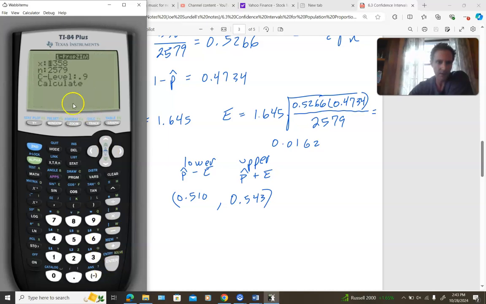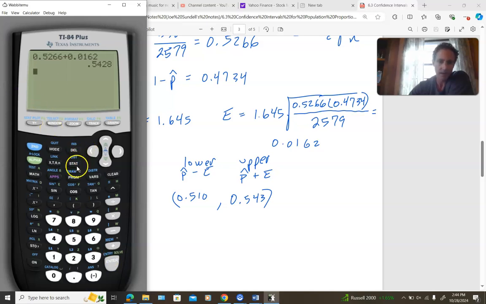And you click enter, and you'll just put in these values. You can see I've actually already done this. X was 1,358. Plug in the value of n, your confidence level, and then come down here to calculate.